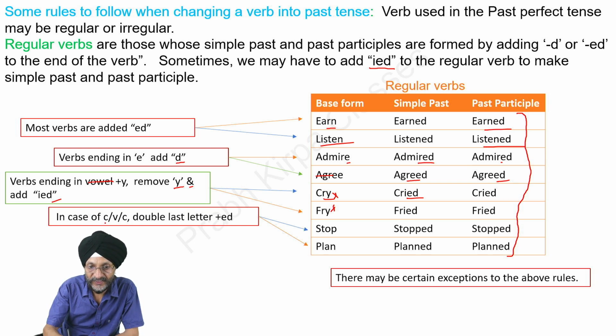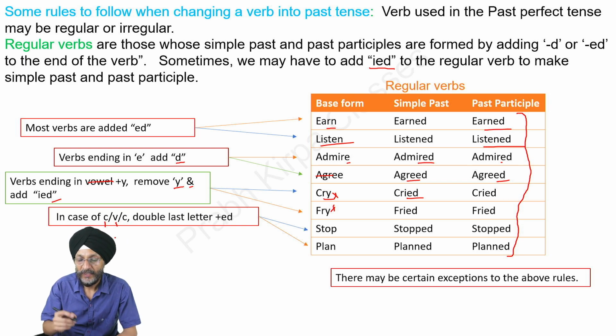In case of CVC, C stands for consonant, V stands for vowel. Vowel means A, E, I, O, U. All the other alphabets of English are consonants. In the case of CVC, we have to start from the last. P is a consonant, O is a vowel, and T is also a consonant.